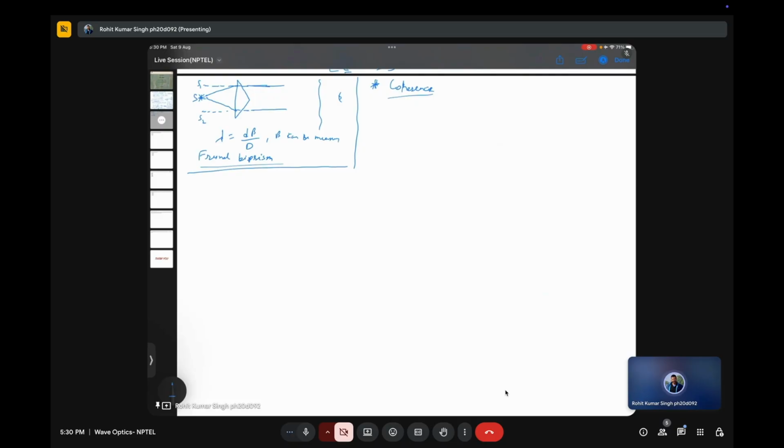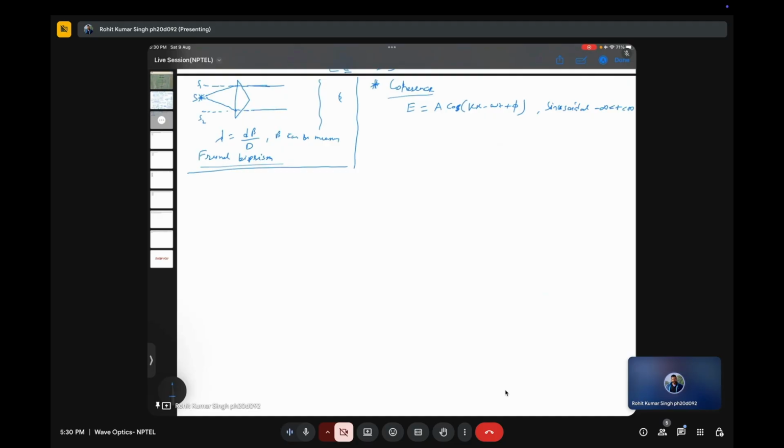So we know that light is made up of electromagnetic waves which travel like this, which have expressions like this, right? So this is sinusoidal, plane waves, and we assume that this is sinusoidal from time minus infinity to infinity.